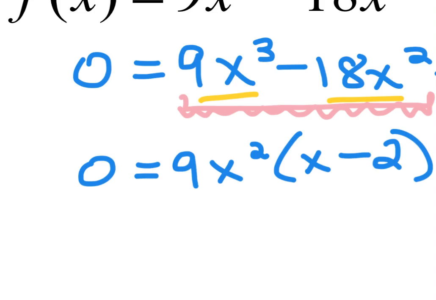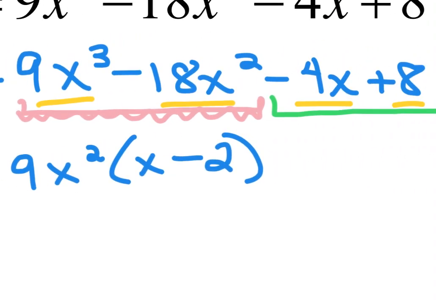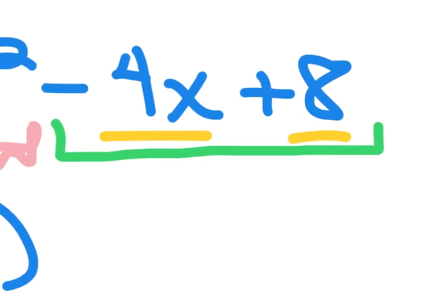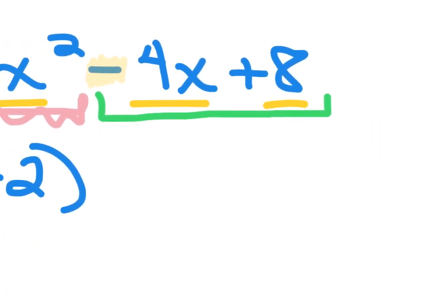And then once I've done that GCF part of the problem, I look at just the other half of the problem, and I literally take a piece of paper and cover it up and look at minus 4x plus 8. Remember that when you are factoring a GCF, the GCF is going to have the same sign as the first term. And so in this case, we're going to factor out a negative.